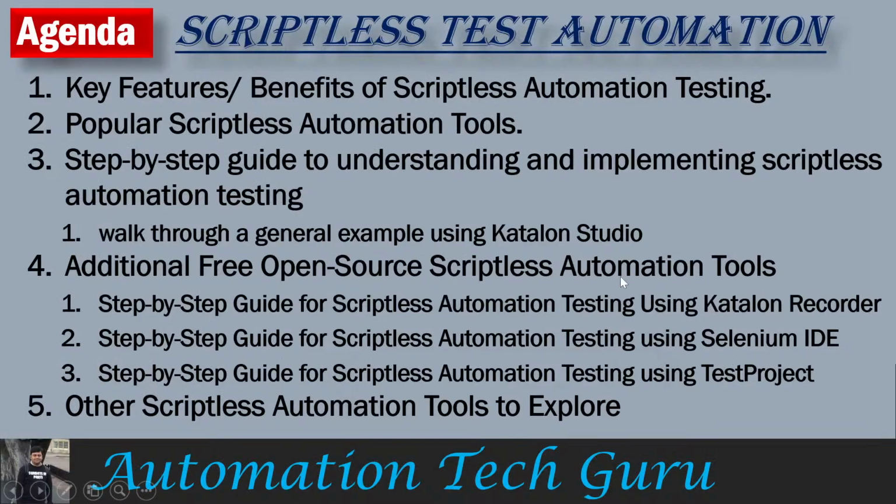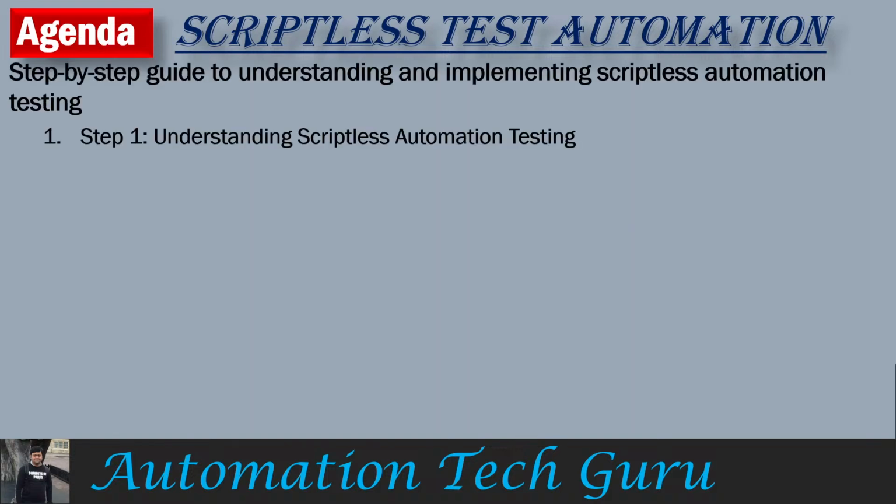We will see the step by step for one tool, how we can choose the tool and how we will do scriptless test automation without scripting. First is understanding scriptless automation testing. We need to understand what scriptless automation testing is, how it works, how the tools work, and how we can use those tools.